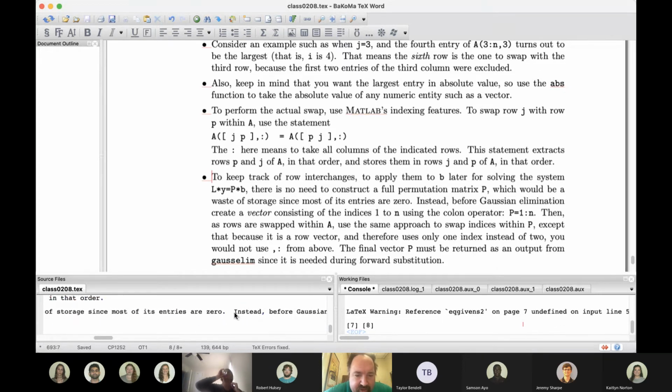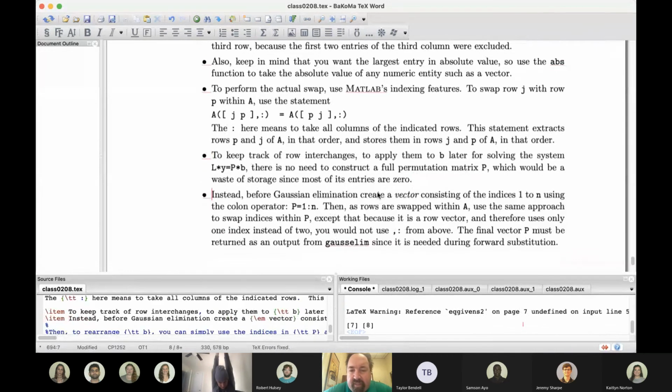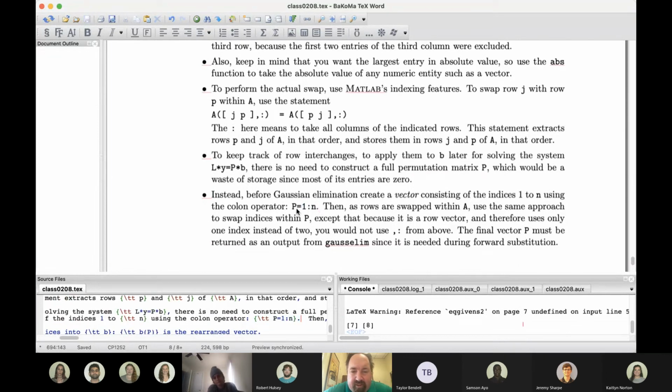Fortunately, there's an efficient and relatively easy way to handle this. You make a vector of indices, 1 to n. That's how you do it using a colon operator. That will implicitly represent your matrix P.